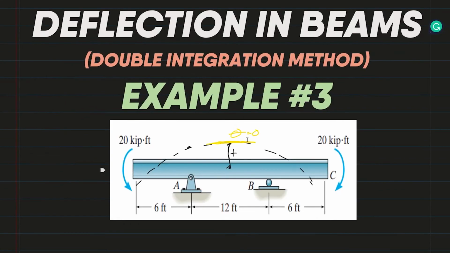We can say that at this point, at the midspan, the value of the slope at midspan is 0. Okay? Kasi the beam is symmetrical in nature. So, kapag magbi-bend yan or magdi-deflect, at this portion, the slope is 0.